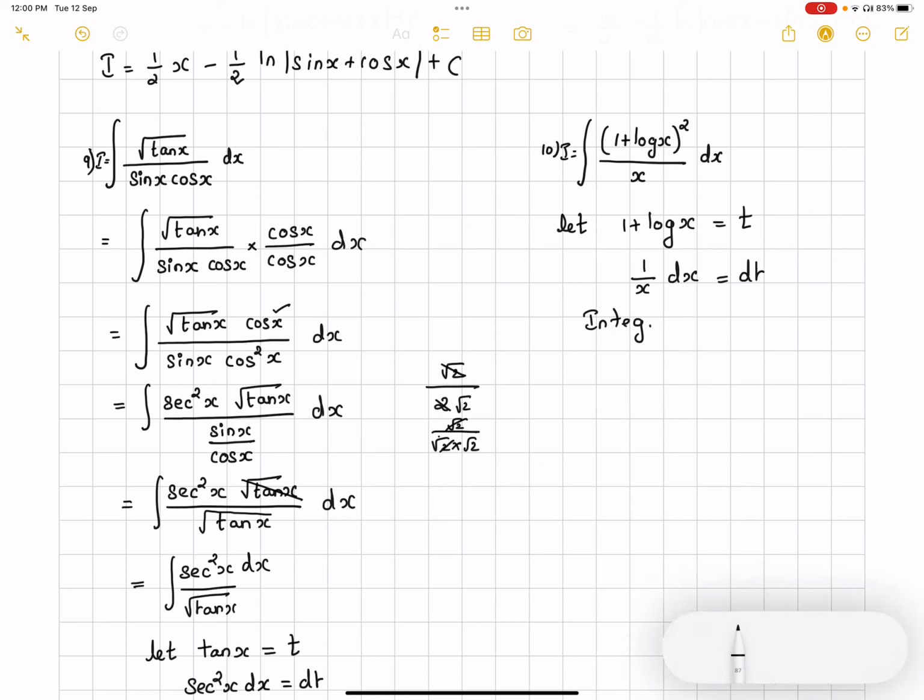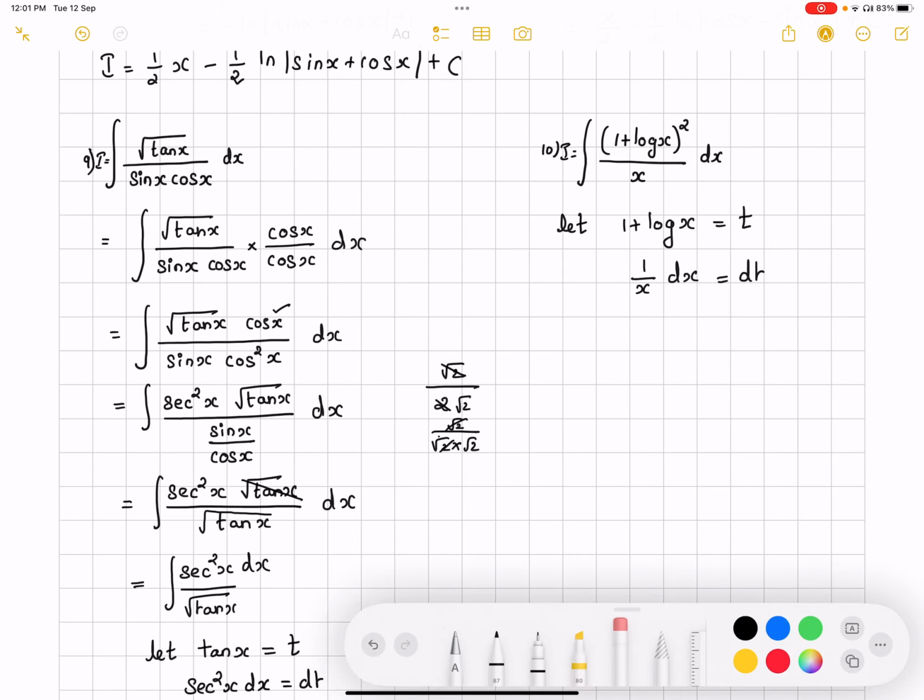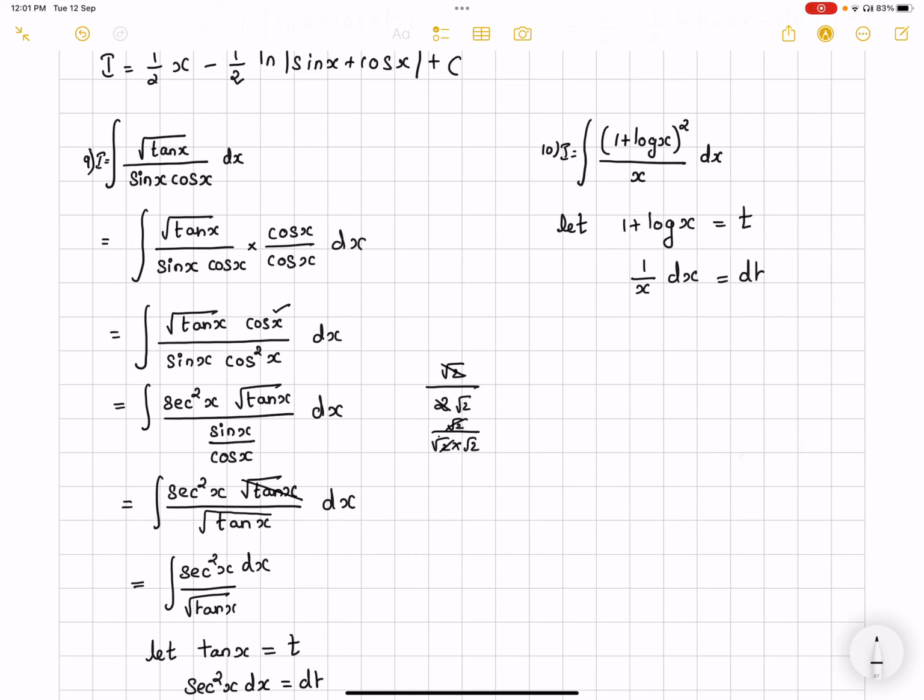What we would be doing here is, I is equal to, I would be writing it as, let me do the change here. It becomes t square dt. So t square dt, when I integrate, I get t cubed by 3 plus c. What is my t actually? It is 1 plus log x, the whole cube by 3 plus c. That's it. Solved. Quite simple it was.